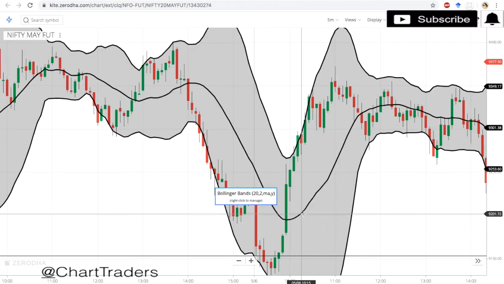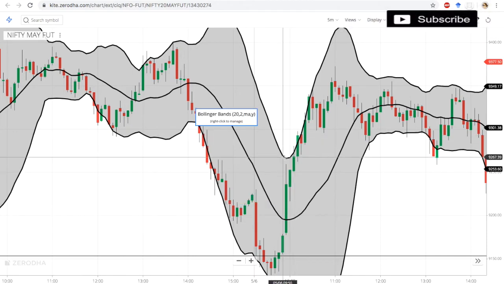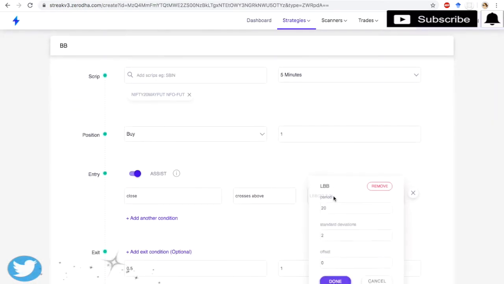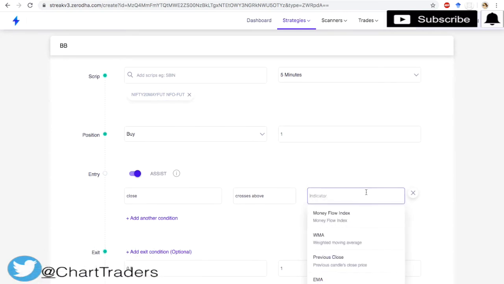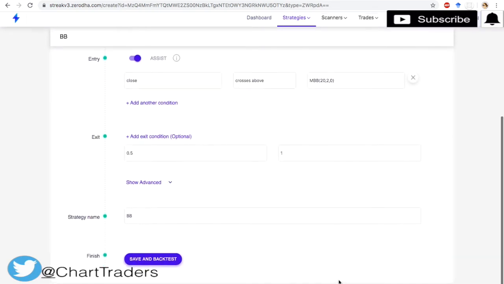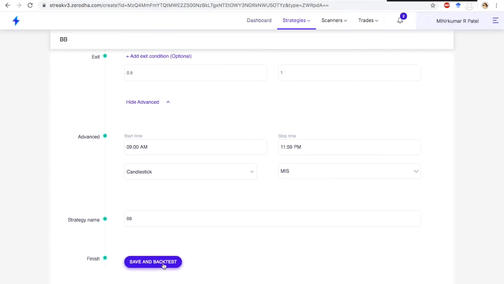So we are going to check two conditions: when the close is above the lower Bollinger Band and when the close is above the upper Bollinger Band. Here, first we will check for the middle Bollinger Band.